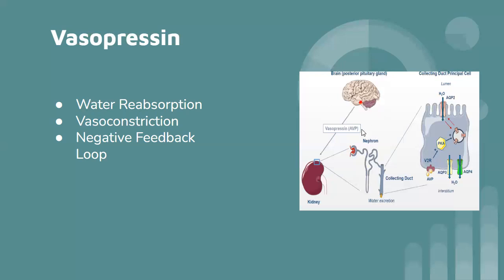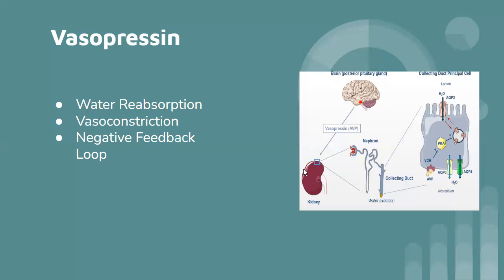And so whenever the body realizes it needs more water, it sends a signal up to the hypothalamus, once again, because that's our homeostatic regulator. It sends a signal to the posterior pituitary gland, and this time it tells it to release vasopressin. Vasopressin is going to travel to the kidney, and it goes even further than that.